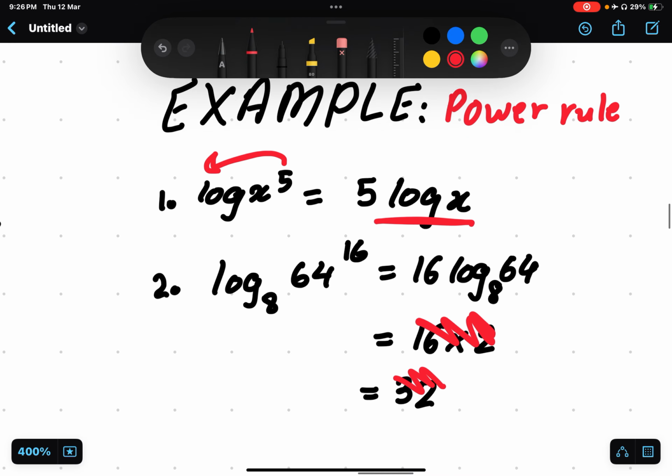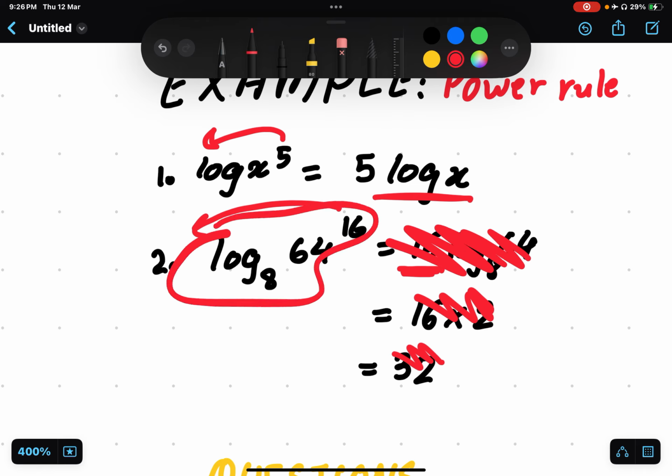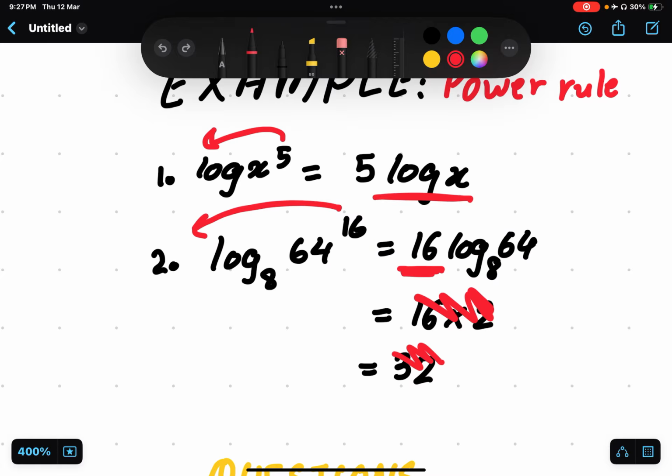The next one. In this one, what we can do is we bring the 16 to the front, and we get 16 log 8 64. Now, if we didn't know this rule, this would be such a hard question to do in your mind, right? You can't really do anything about it if you don't know the exponent laws or the log rules. So if you know the log rules or the exponent laws, it gets a lot easier.